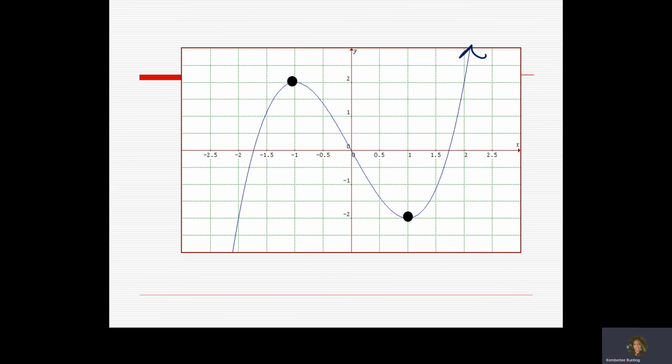Remember, it goes on and on forever on that side, and then it goes down and down and down forever on this side. Now, in this case, we would have a relative maximum value here and a relative minimum value here. Relative maximum.